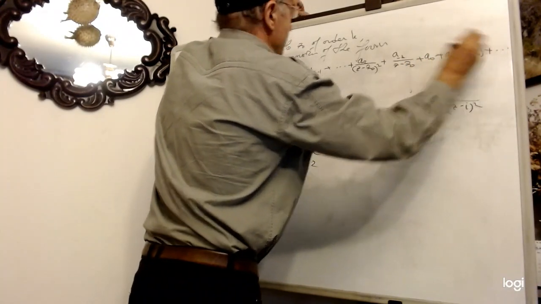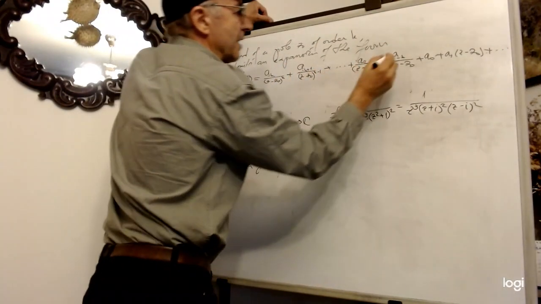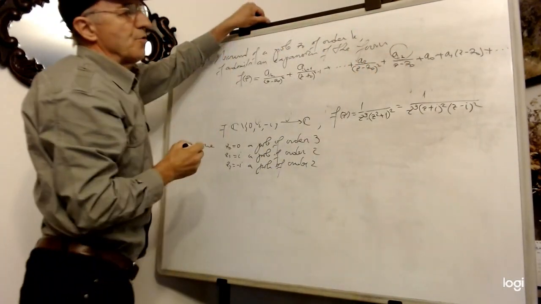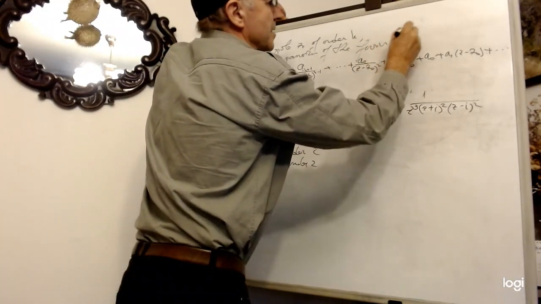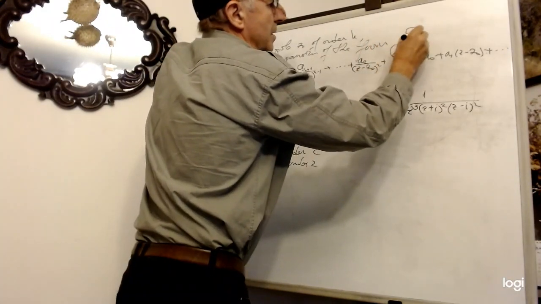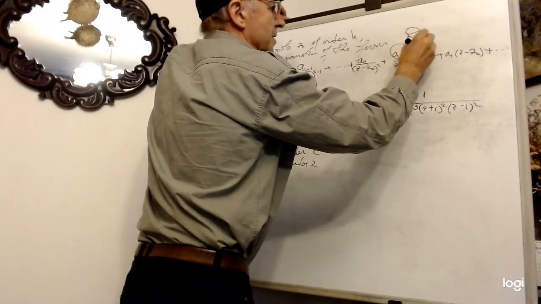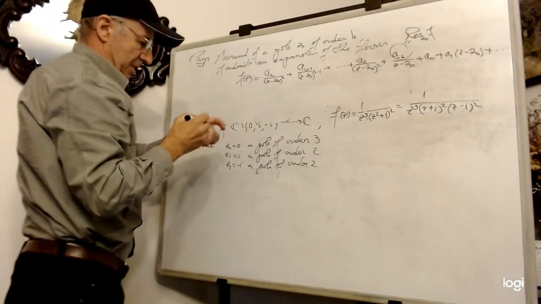The expansion around a pole of order k. This is the residue at z0 of f, this coefficient.